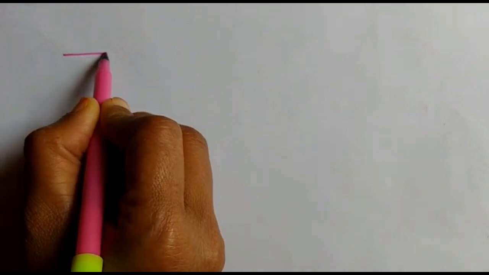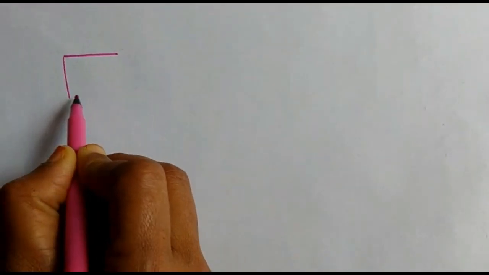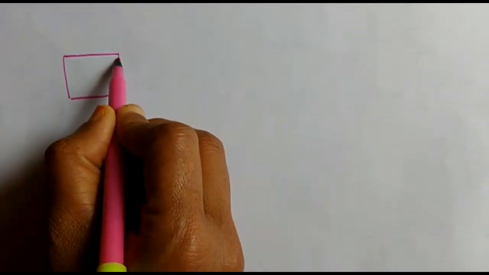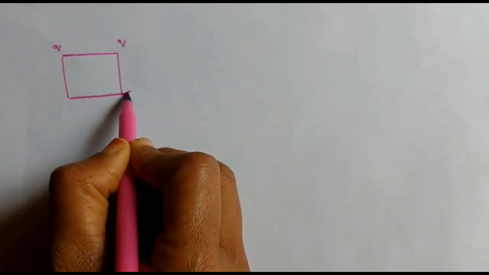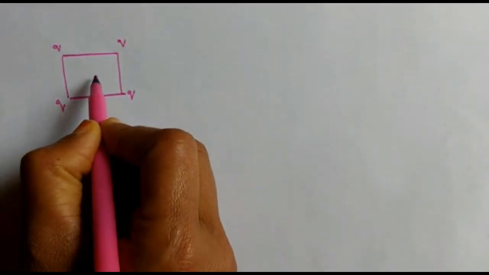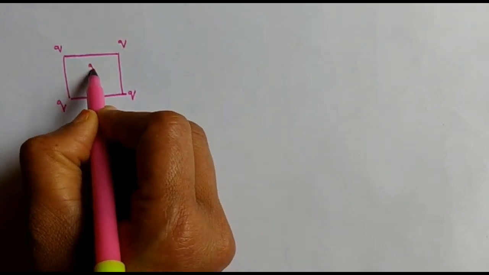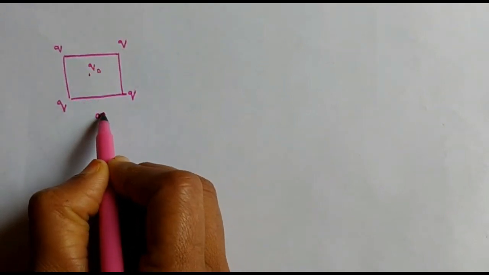Okay, now that we have seen 4 point charges, sometimes the question may also be asked this way. See, 4 point charges at the vertices of a square. All are of equal magnitude in the first case. Find the force experienced by Q naught at the center.